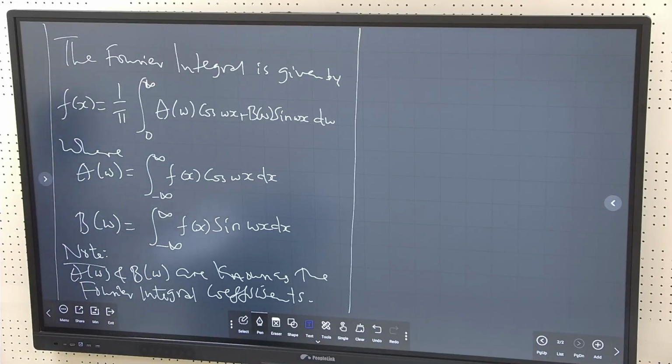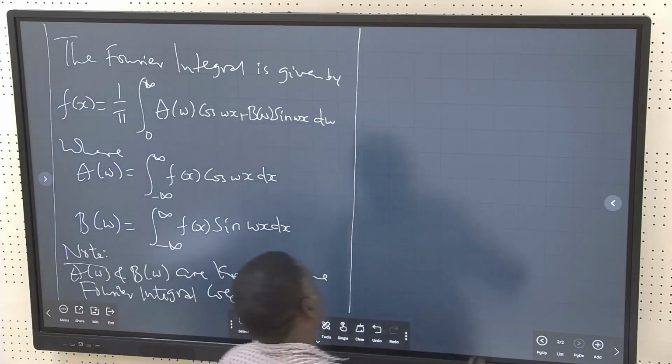So let us see an example on how to find the Fourier integral.